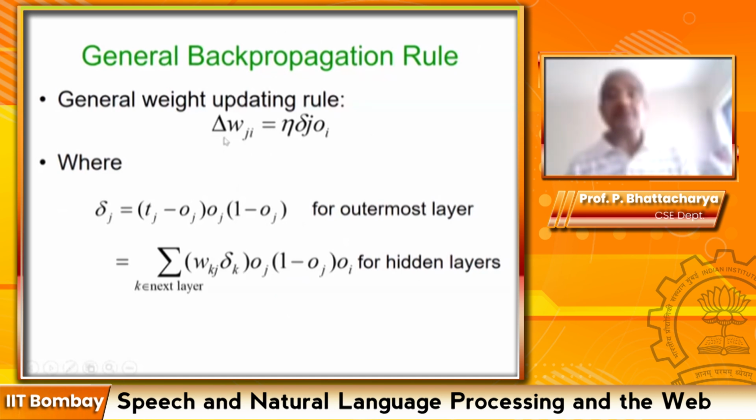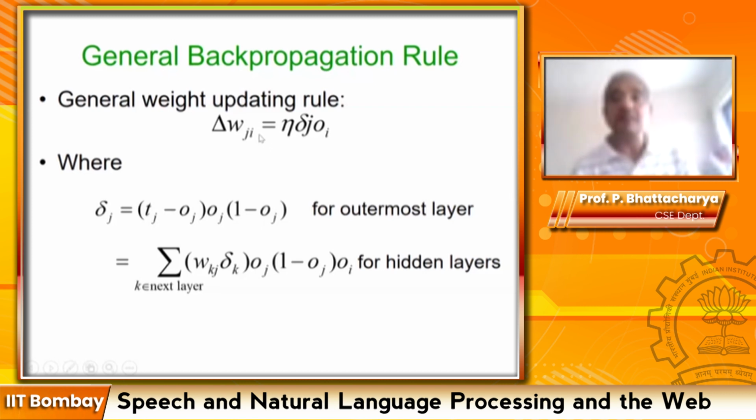a nice expression where the change in parameter comes out to be equal to the learning rate into a quantity called delta J into O_I. So what are J and I? J is the destination neuron, I is the source neuron. I understand that a lot of new things are being told to you, and you are probably a bit overwhelmed with all these concepts.